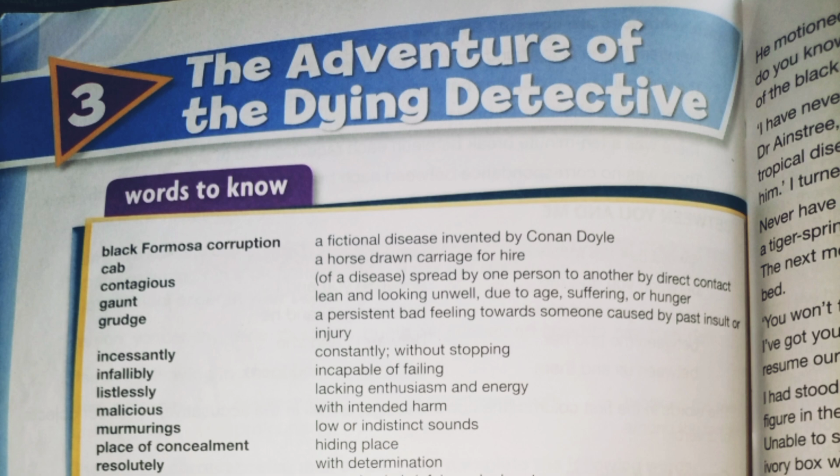Next word is resolutely, which means with determination, when you are determined to do something. Next word is spasmodic. Spasmodic basically means occurring in brief, irregular bursts, or you can say happening suddenly for a short period of time.